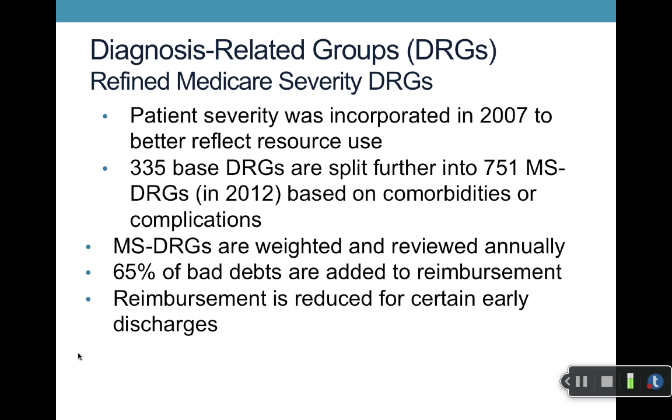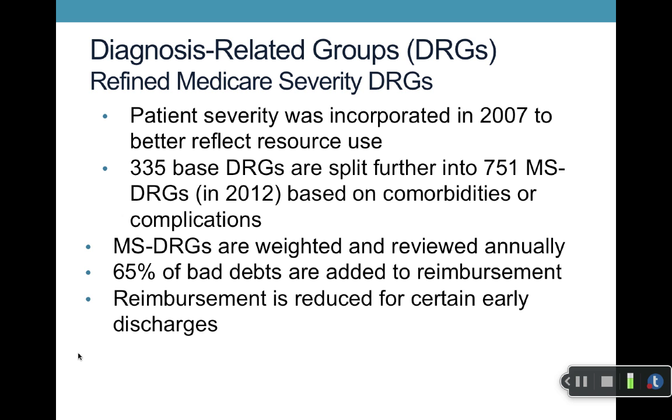So rather than just having a set of DRG codes just for whatever it is the primary diagnosis, there actually is a much larger set of very specific DRGs that are coded based on patient severity and other potential complications or comorbidities. These are evaluated and reweighted on an annual basis. And so this is a way, again, to account for some things that hospitals, of course, have to take into account themselves, which is the complexity of the care that the patient requires.